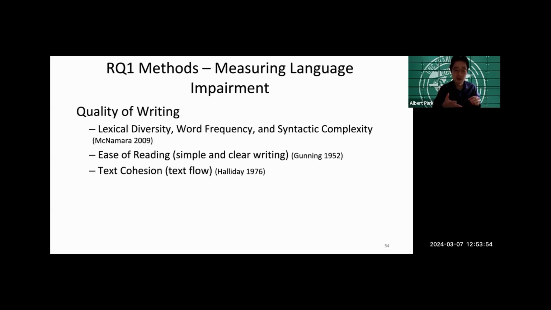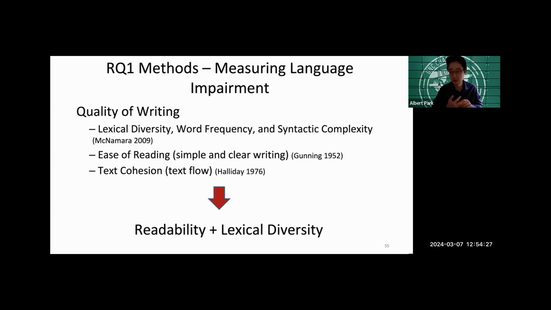So I measured quality of writing, measuring the same dimensions: lexical diversity, word frequency, and syntactic complexity, and how easy it is to read, which is readability, and text cohesion. All of this could be summed up into two metrics, lexical diversity and readability of text. So to measure language impairment, we are measuring the quality of writing, using readability and lexical diversity.